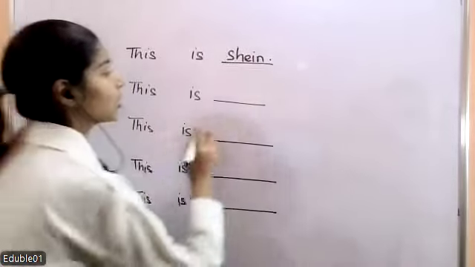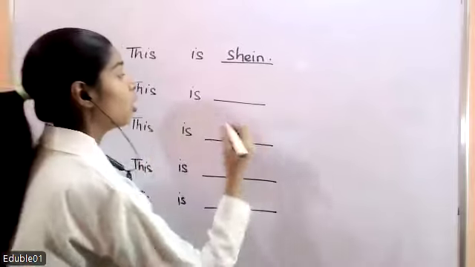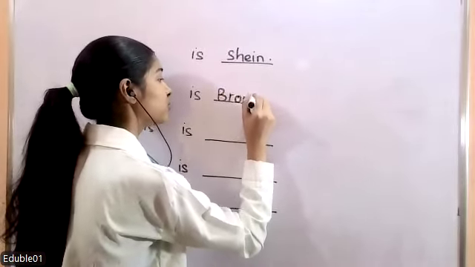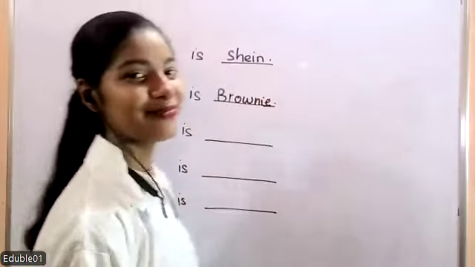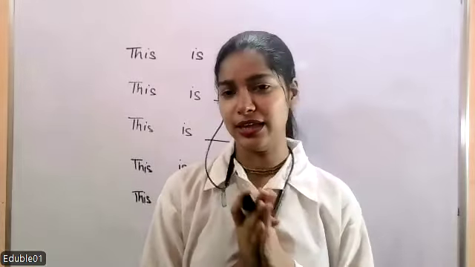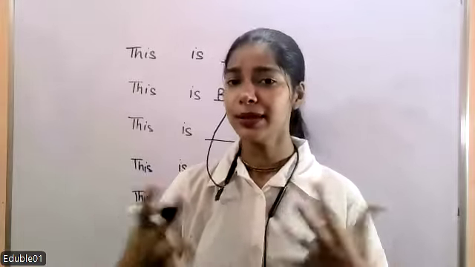Now let's take another example. In the common noun we took, this is a dog. Here, let's say this is Brownie. Brownie is a good name for a dog, right? If I say this is Brownie and Brownie is my pet dog, I'm talking about my pet dog.